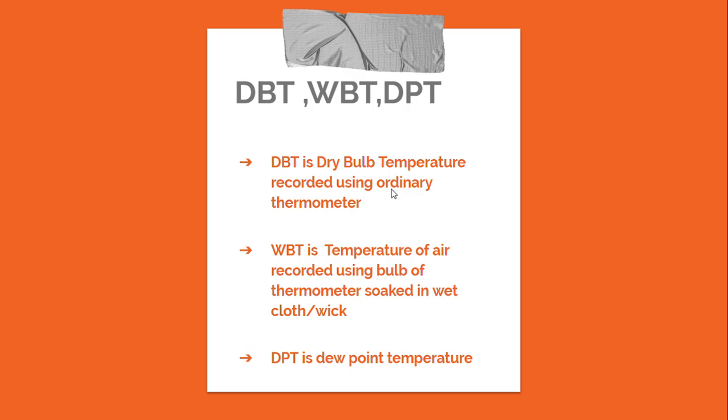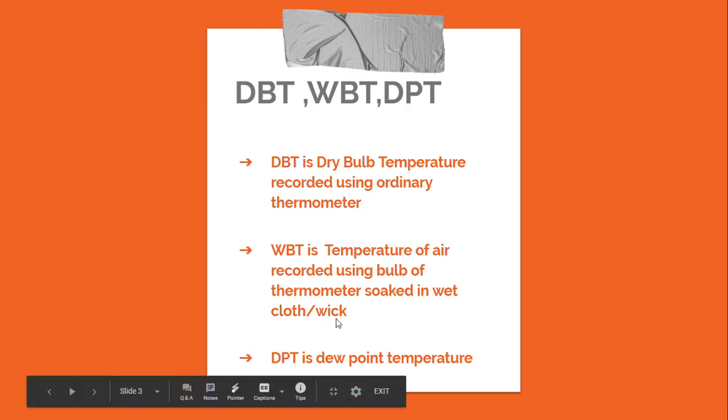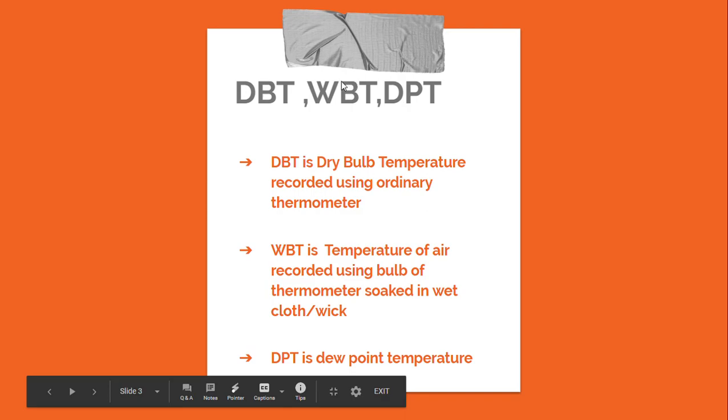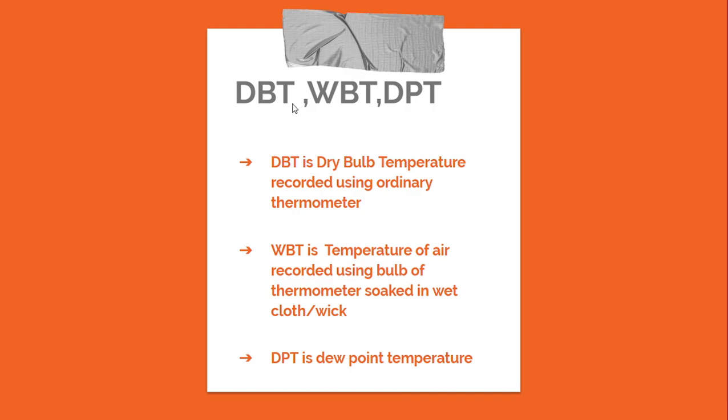We need to surround the bulb of this ordinary thermometer with a wet cloth or wet wick. If you do this exercise and again record the temperature, you will find that this temperature would generally be different from, and lower than, the dry bulb temperature. That temperature is known as wet bulb temperature.